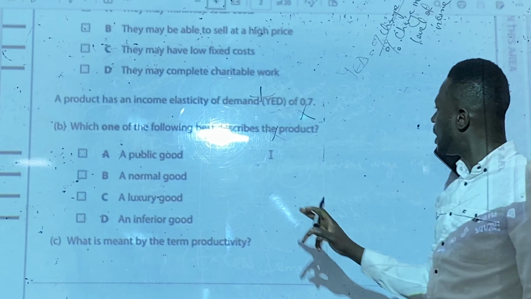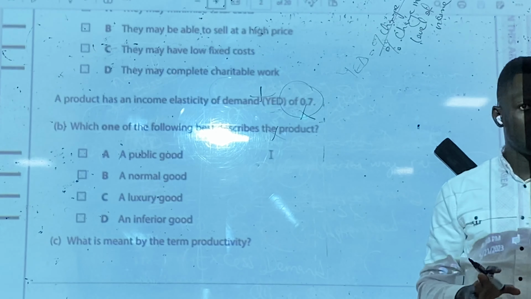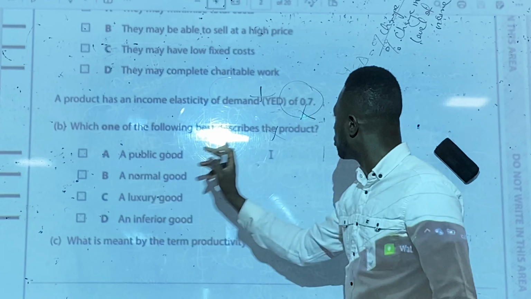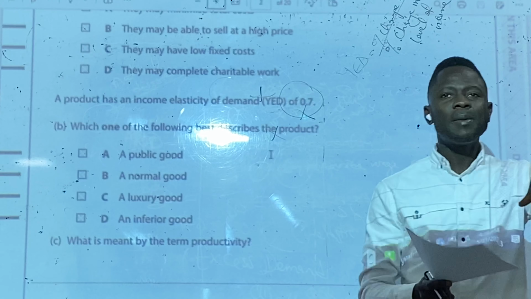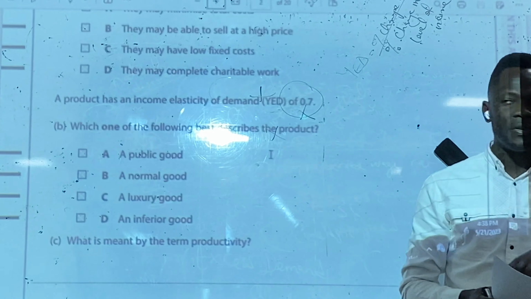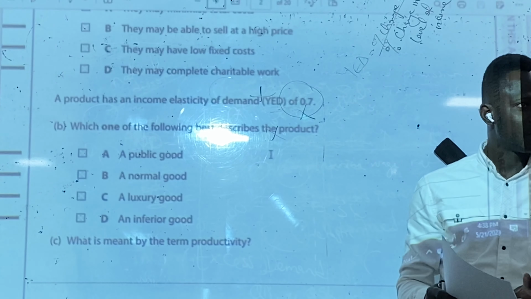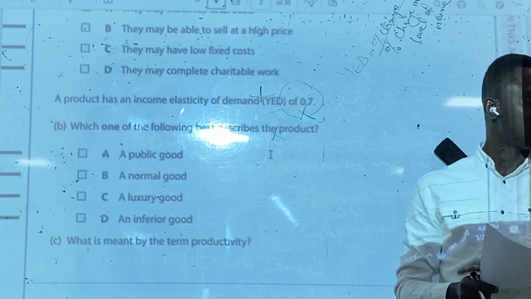So if you are having a positive YED, it means the product is a normal good. 0.2, so here we have a normal good. And we have 0.7. In as much as it's a positive sign, it's not the same as elasticity of demand. If it is PED or PES, negative or positive does not matter. But in YED, negative and positive matters.